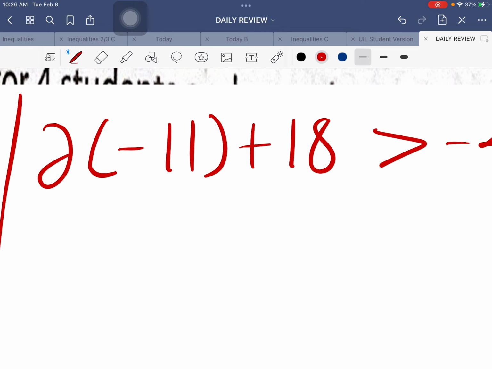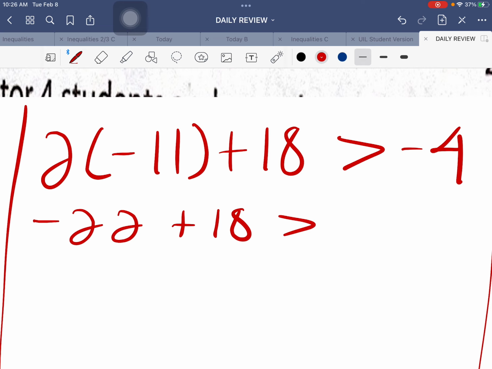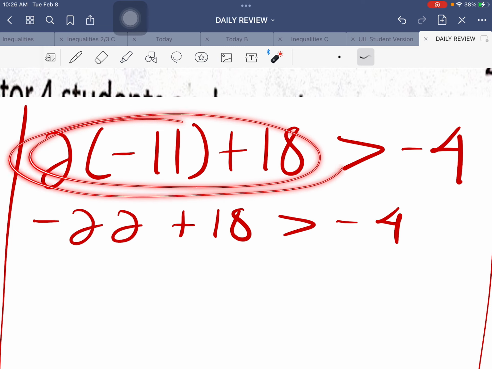Negative 22. Are you a little bit more confident with that? I like that. Don't be afraid of negatives, guys, please. They're the same thing. We just need one more step and that's it. This is a 2-step inequality. We already did the first one. Ya hicimos la primera. Y además nos falta una cosa más.